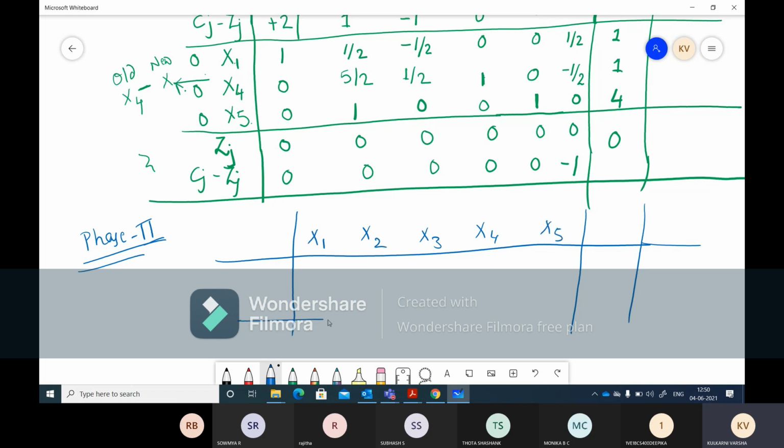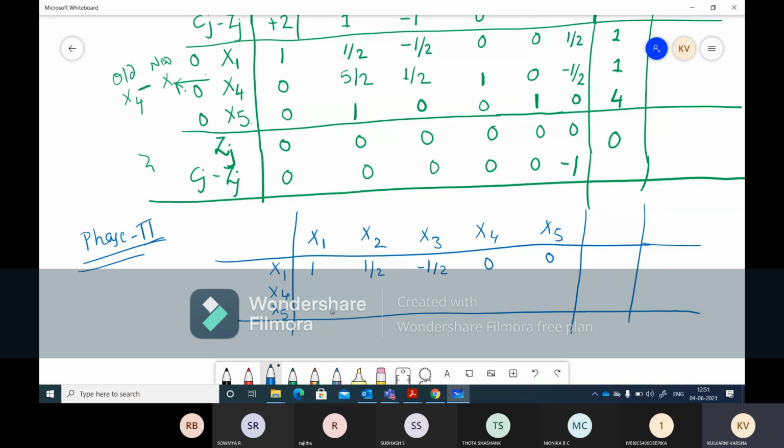And what will be your first iteration? The first iteration of your phase 2 is the last iteration of your phase 1. So as it is, you will write here x1, here x4, here x5. Same matrix: 1, 1 by 2, minus half, 0, 0.